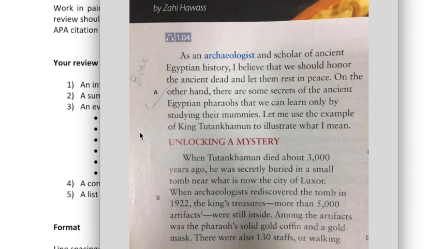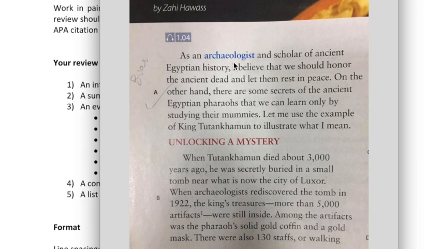To me, he is somehow being biased. He says we still need to study the mummies, although he said that we should let them rest in peace. He is being biased because he is an archaeologist.